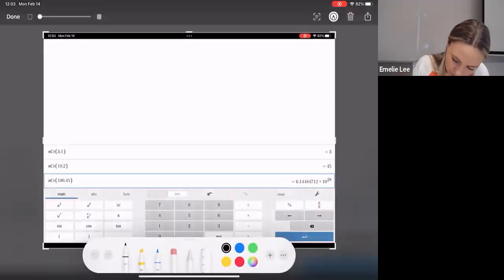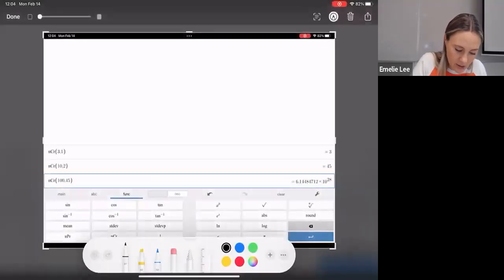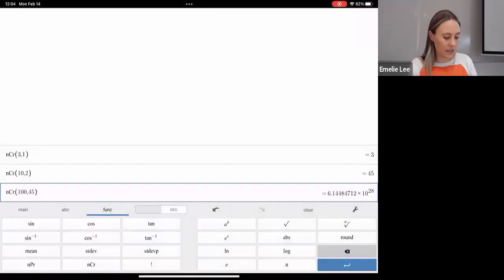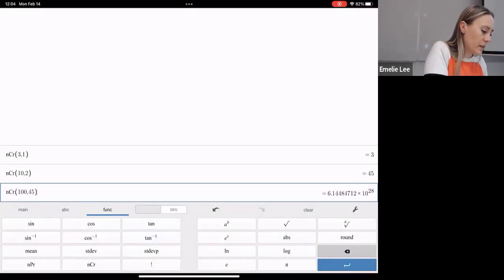Does the calculator work the same, like in brackets? Yeah, it kind of depends on the calculator. For this one, there's a second function, a choose function. The choose function is here.